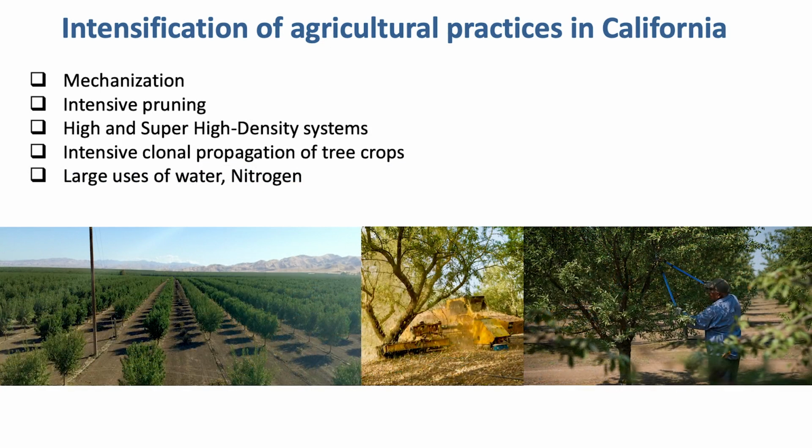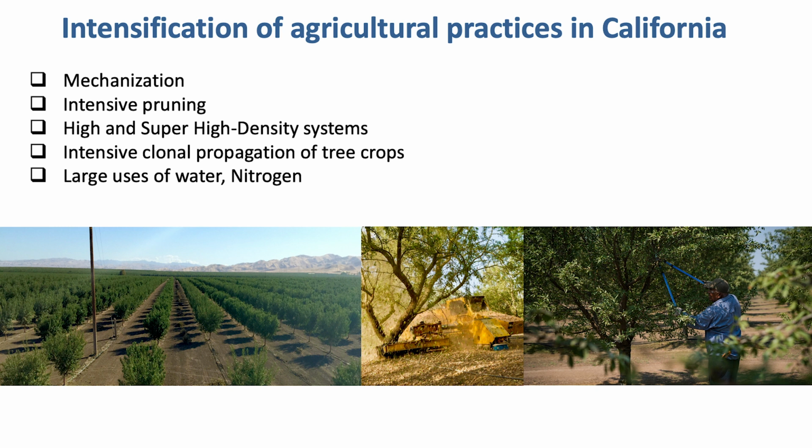I mentioned intensification of agricultural practice, due to labor shortage, we see our cultural practices being more and more mechanized. We have some intensive pruning in our almond orchards. Some of the density may be high, leading to higher humidity in orchards and conditions that are more favorable for fungal disease.